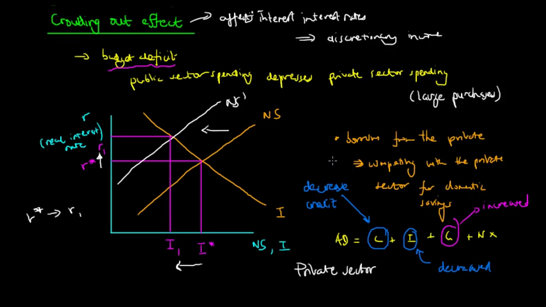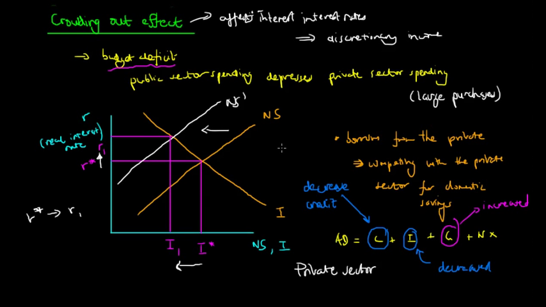So although the government is trying to stimulate aggregate demand here, the converse has actually happened if the government borrows from the private sector, in that it starts competing with the private sector for domestic savings, and as a result pushes the real interest rate up and depresses both investment expenditure, as seen on this graph, as well as consumption expenditure, because people are more wary that interest rates have gone up and therefore are less likely to spend.